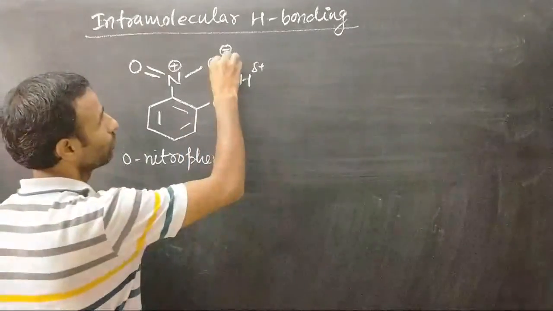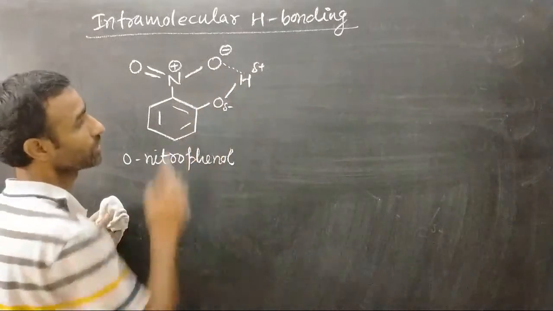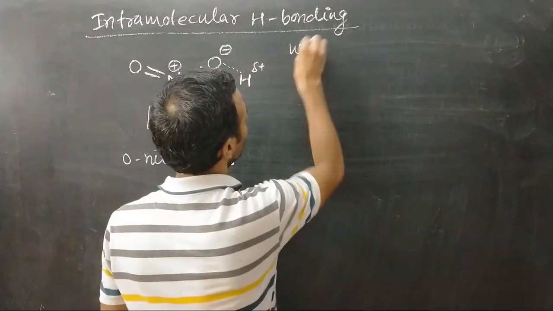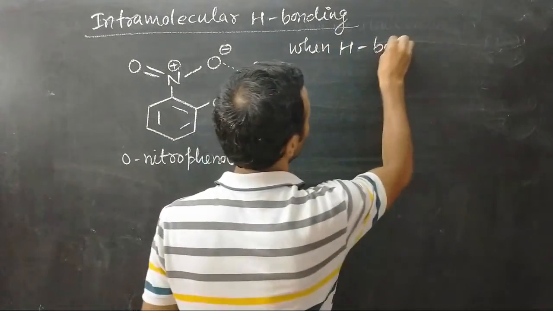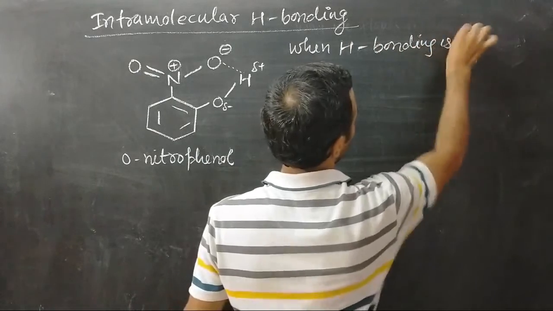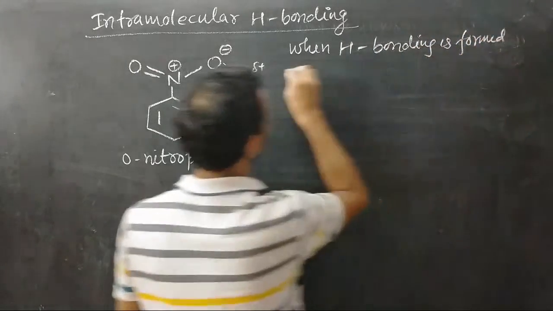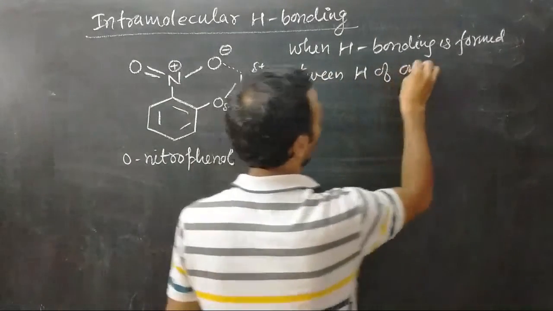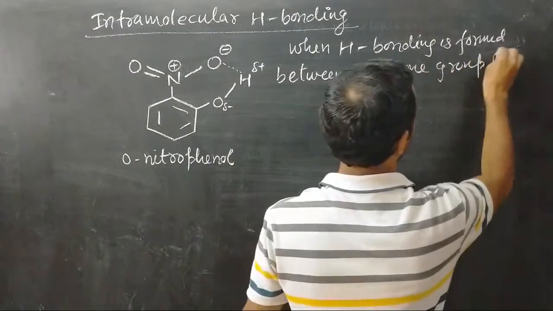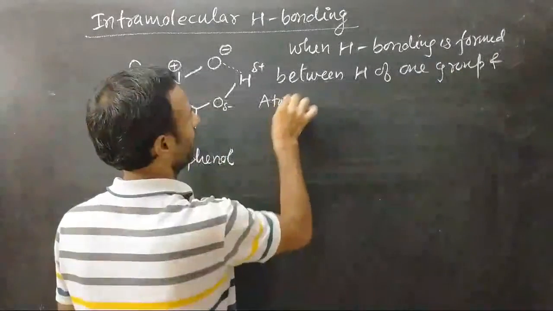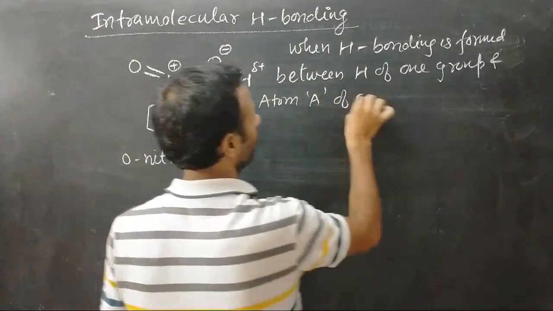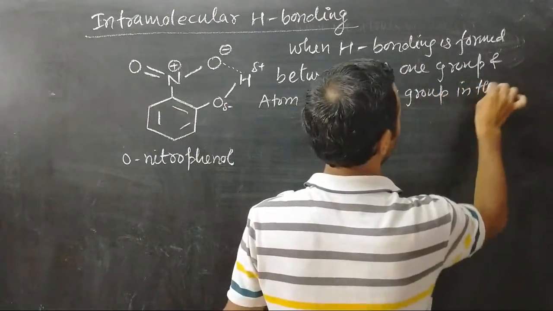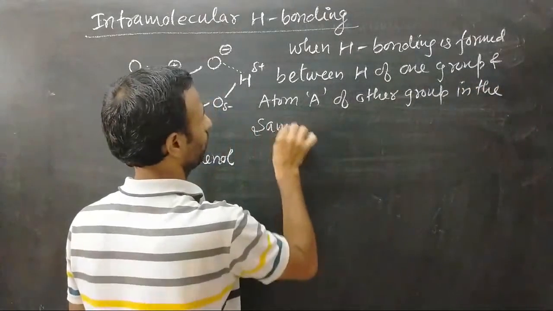In orthonitrophenol, hydrogen bonding is formed between the hydrogen of one group and atom A of the other group in the same molecule.